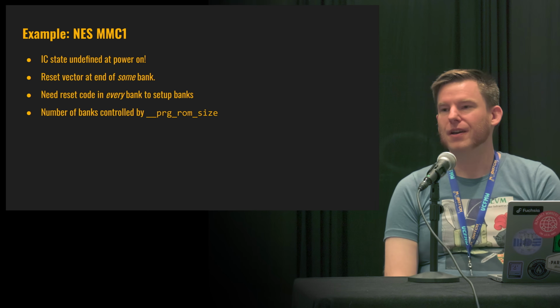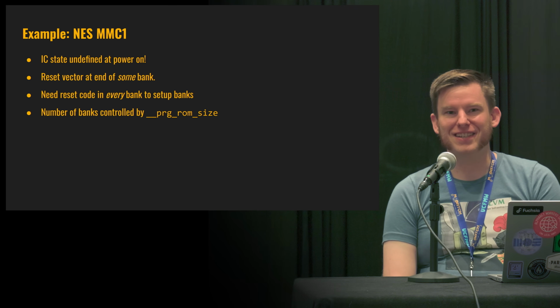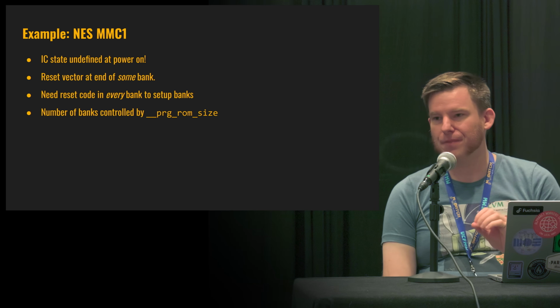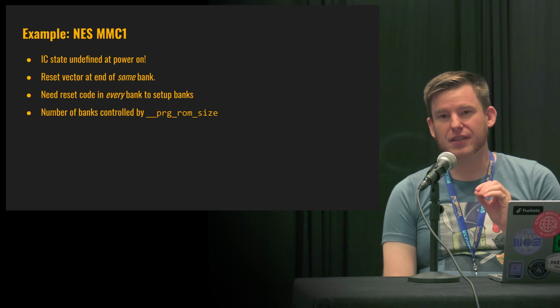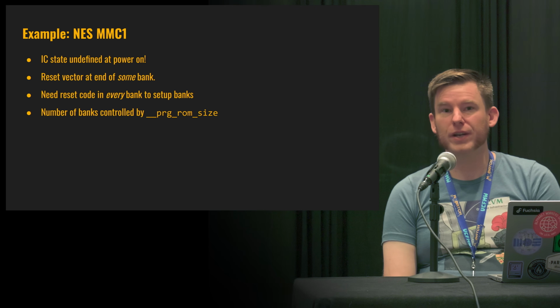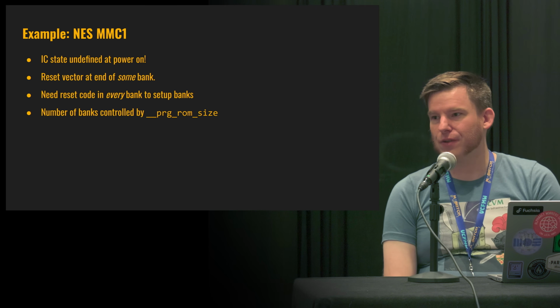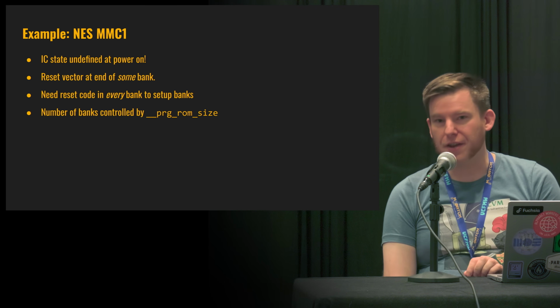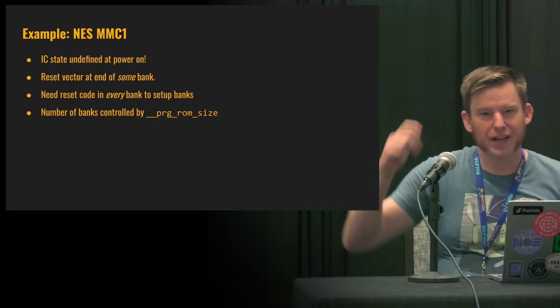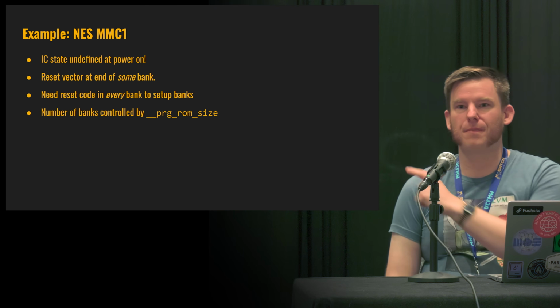So this is a chip, and when you turn it on, its internal state is random. Now think about how bad this is. This is a chip that defines what addresses the NES CPU sees when it comes on, including reset. The first address that the CPU will load is random. Not quite. You know that it's always the last 4 bytes of one of the banks.